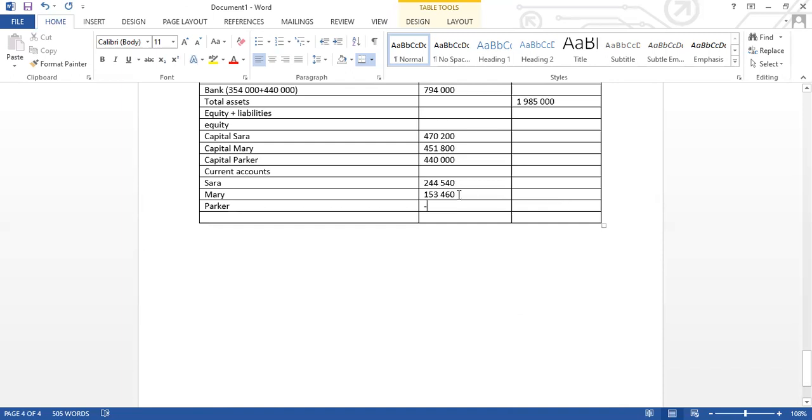Okay. So what is our total equity in this case? Let's add all these amounts and the equity together. How much will we get?